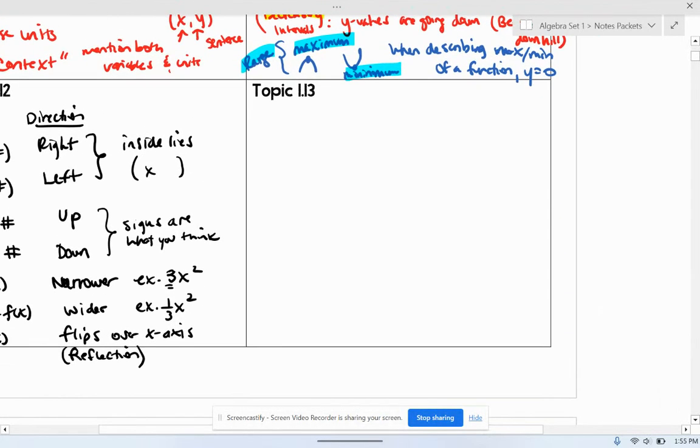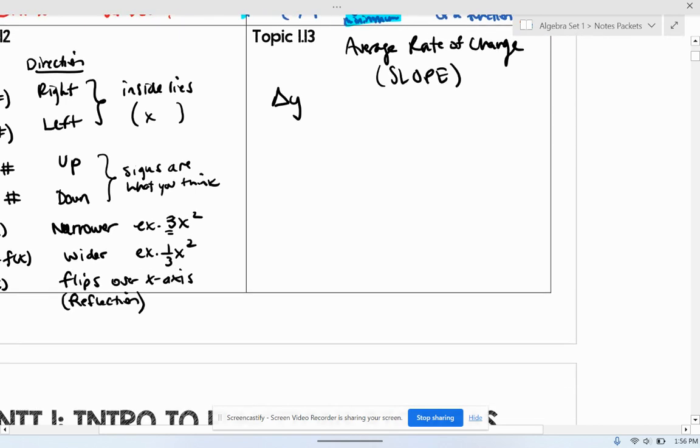All right, cool. 1.13, that's going to be average rate of change, which can be thought of as just plain old slope. Okay? So we sometimes refer to the change in y, the change in the distance of y, as delta y.